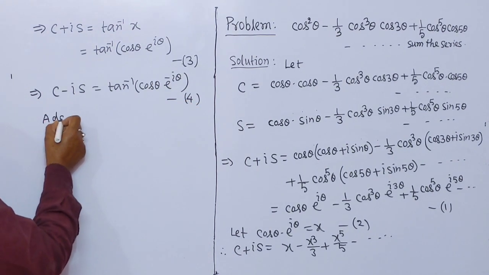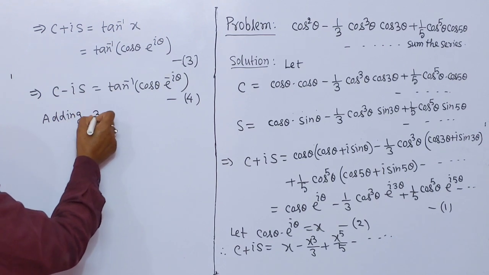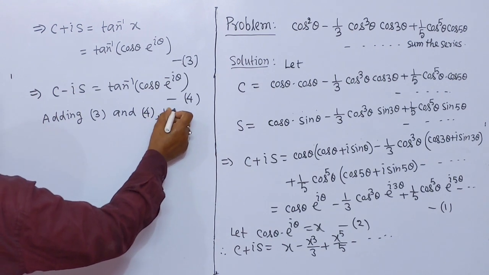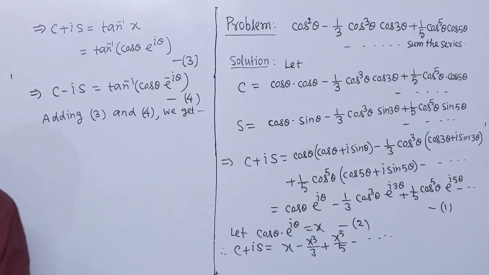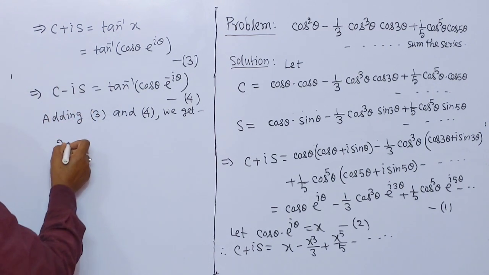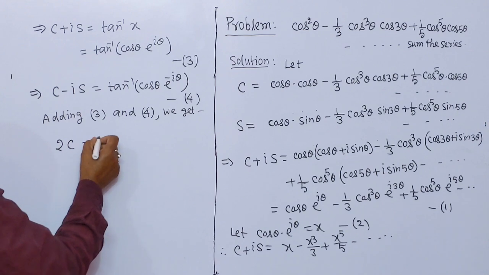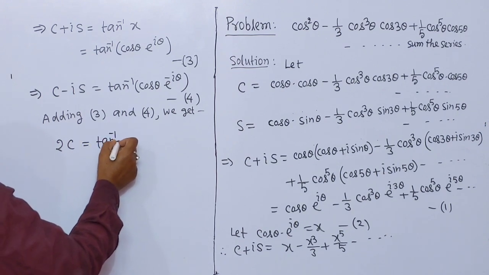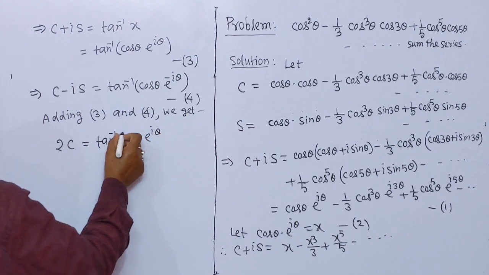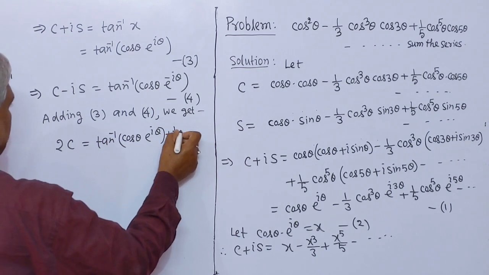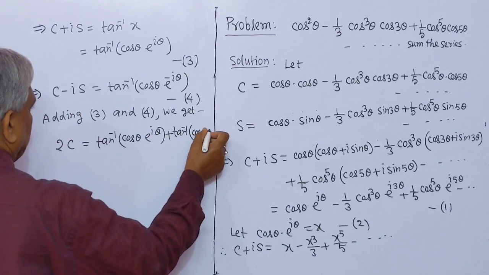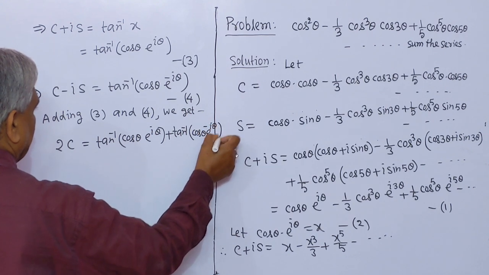Adding 3 and 4, we get plus iS minus iS cancel, remains 2C equal to tan inverse cos theta e to the power i theta plus tan inverse cos theta e to the power minus i theta.